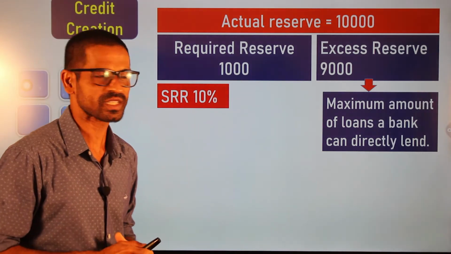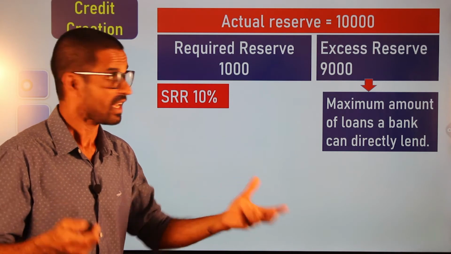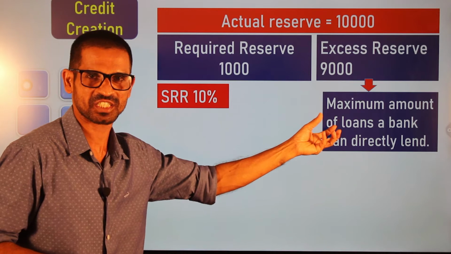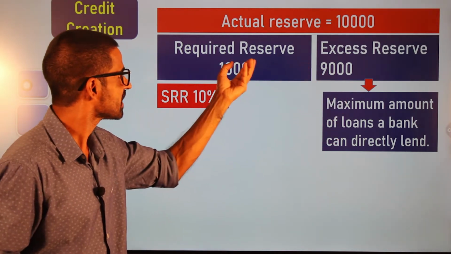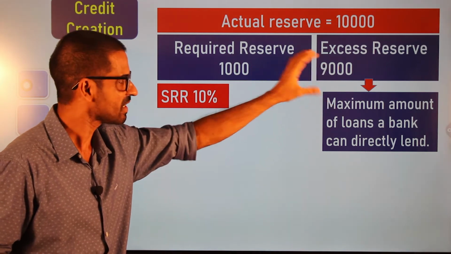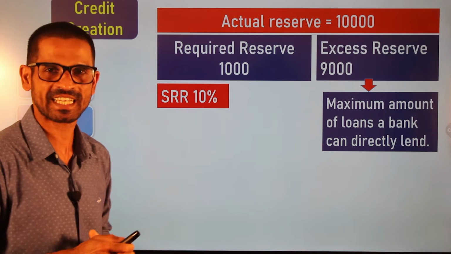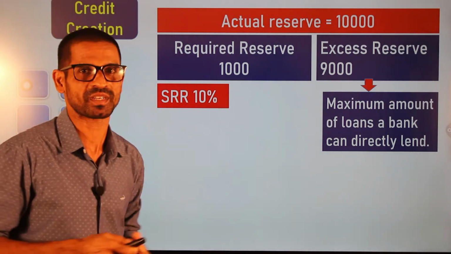What will the bank do with this excess reserve? It will lend money, grant loans. And this is the maximum amount of loans this bank can directly grant. It can't go beyond that because this is the legal requirement. Only 9,000 can be granted. So we say maximum amount of loans the bank can directly grant unless something else happens.